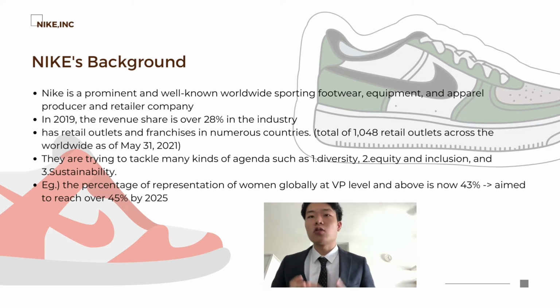They are also trying to tackle many agendas such as diversity, equity and inclusion, and sustainability. For example, the percentage of representation of women globally at VP level and above is now 43%, and they aim to reach over 45% by 2025.